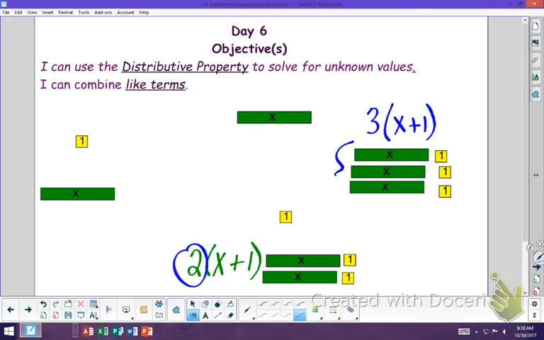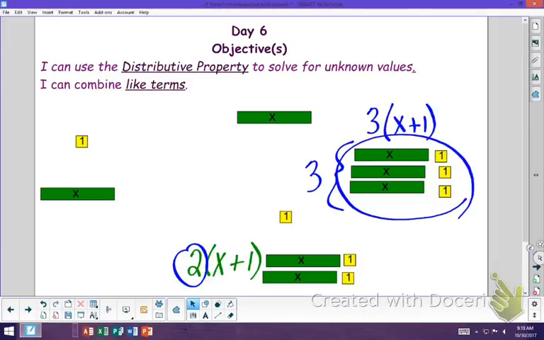So again, I would have 3 sets of x plus 1 for 3x plus 3. 3x plus 3.